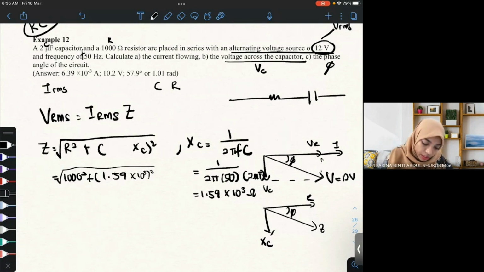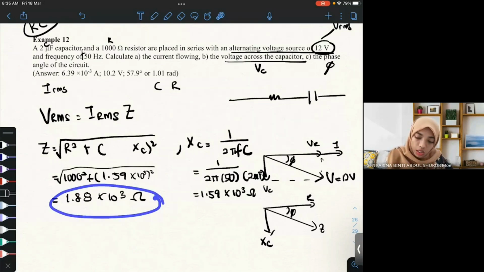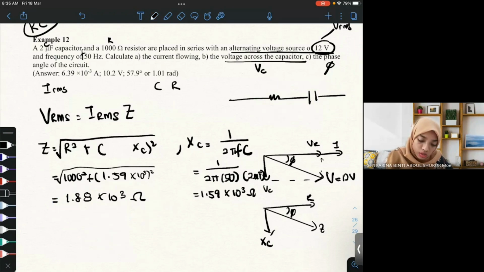Kamu akan dapat nilai Z kamu sebanyak 1.87 sebenarnya times 10 to the power 3 ohm. This is your total opposition across the circuit which has resistance and also capacitance to oppose.